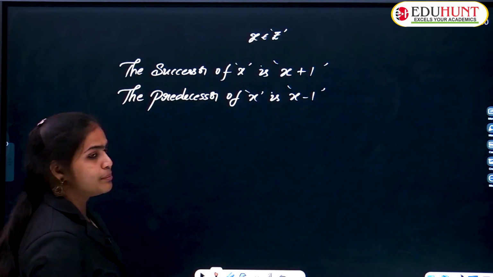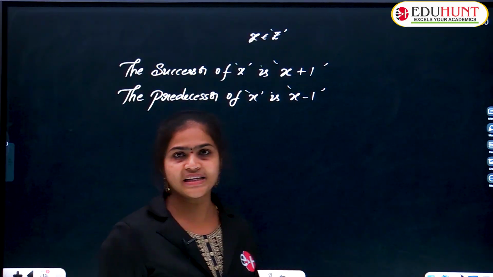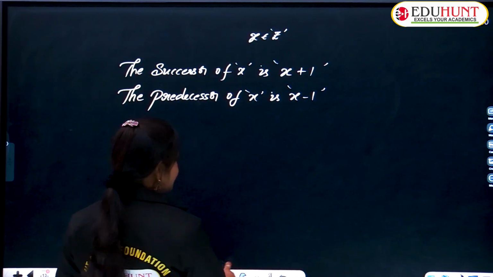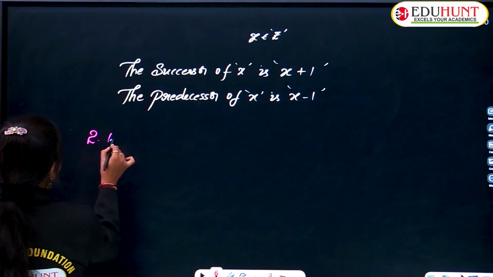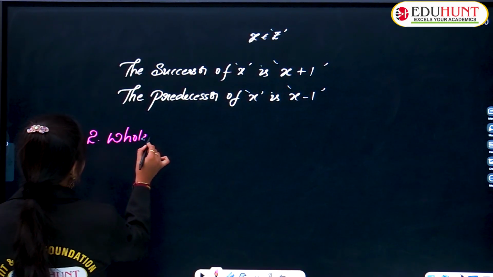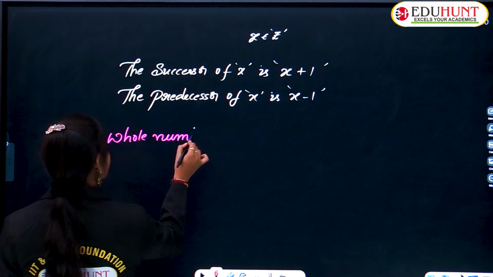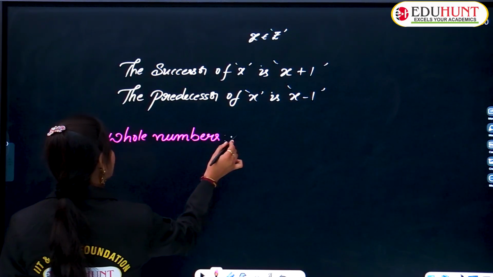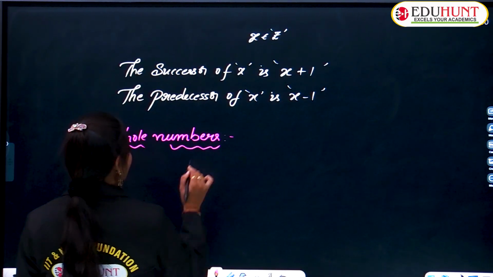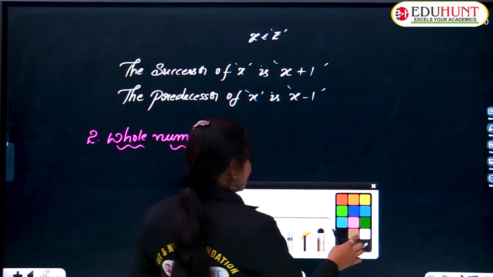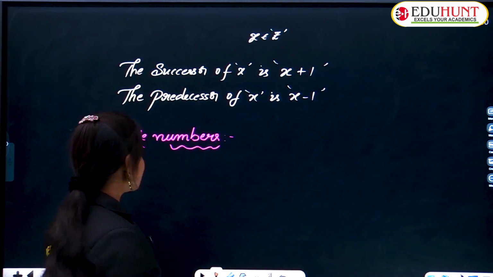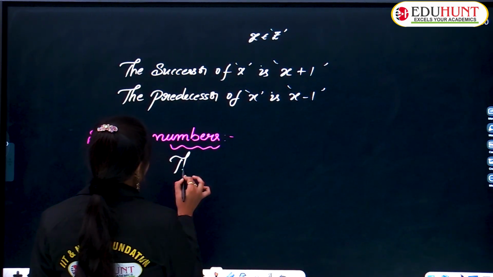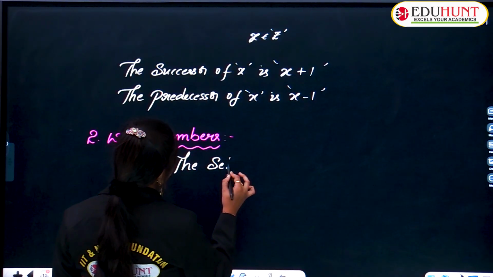After natural numbers, we have whole numbers. What are those? Whole numbers means the set of natural numbers including 0.